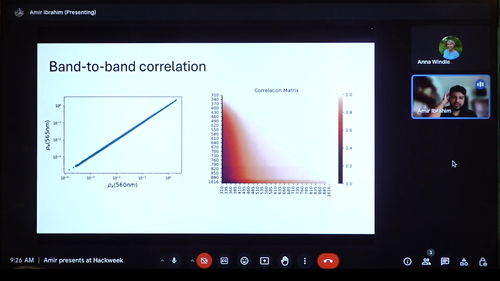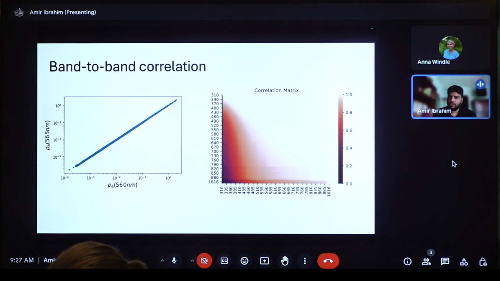And what we found is that when you model the aerosol reflectance of the atmosphere, the correlation from band to band is very high. This correlation matrix and this scatter plot show that the correlation in the aerosol reflectance from 560, for example, to 565 is very high, which tells you that this signal at the top of the atmosphere is very smooth.